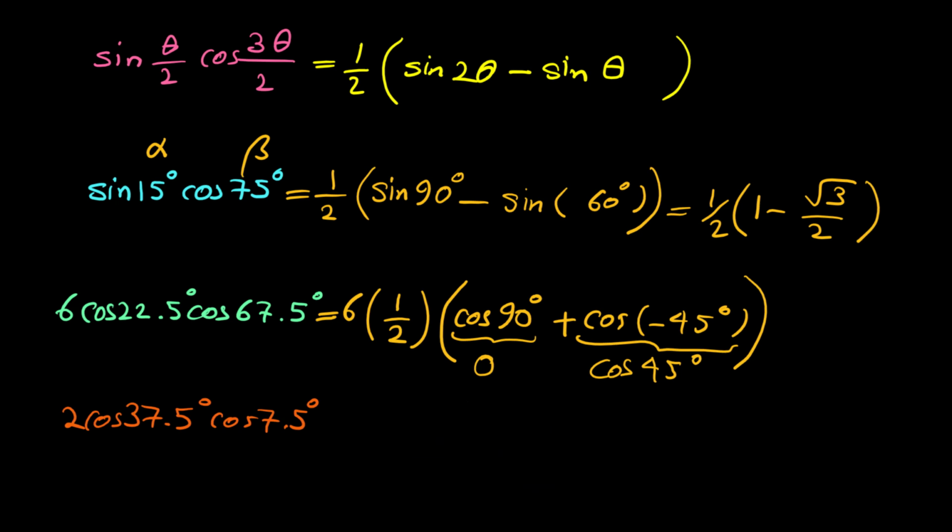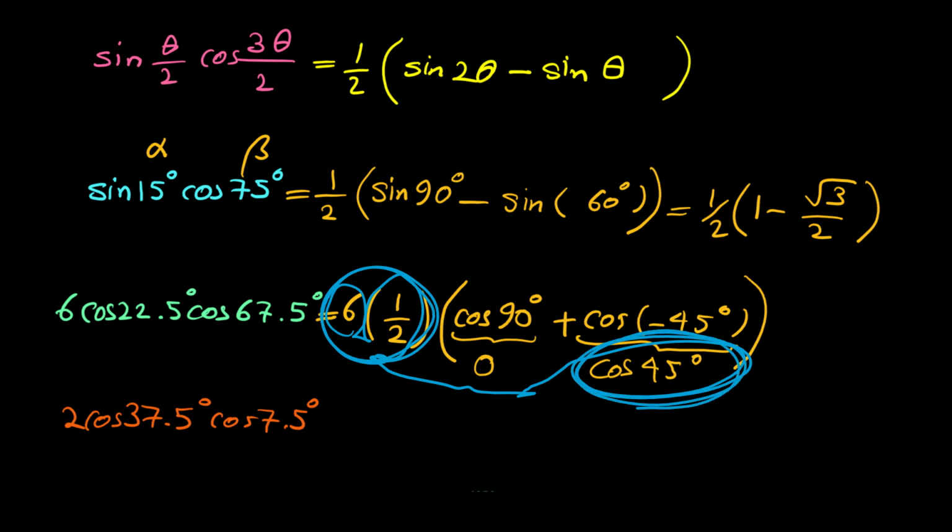And also you can find this by drawing the graph of cosine. The graph of cosine is something like this, and this point is 90 degrees. As you can see, cosine of 90 is 0. But what about cosine of 45? Cosine of 45 is 1 over radical 2 based on the special triangles that we have to memorize. So finally, what is the answer of this? We have a 6 here times 1/2, which is 3. 3 times cosine of 45.